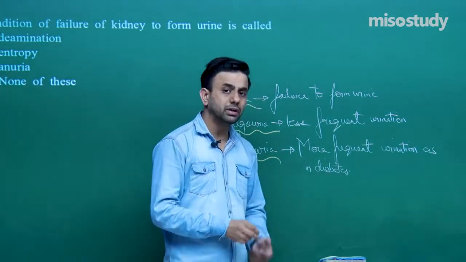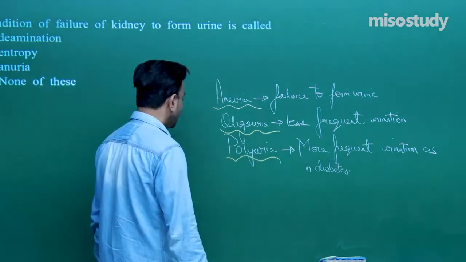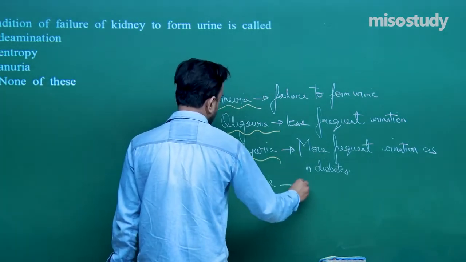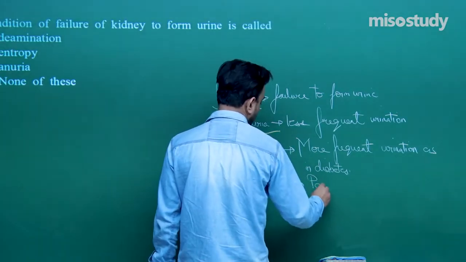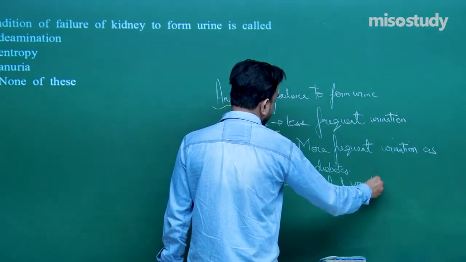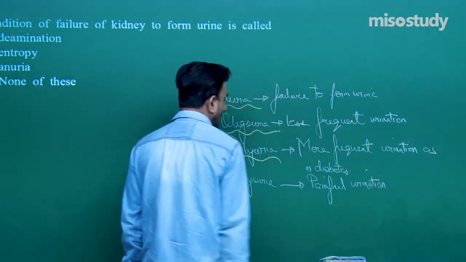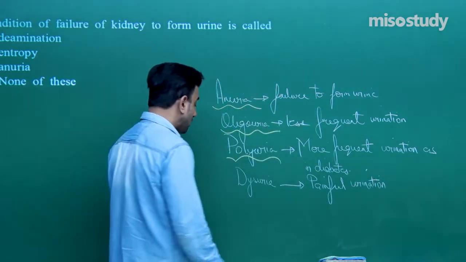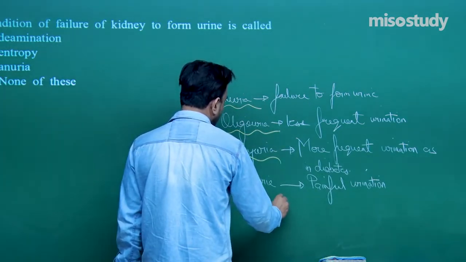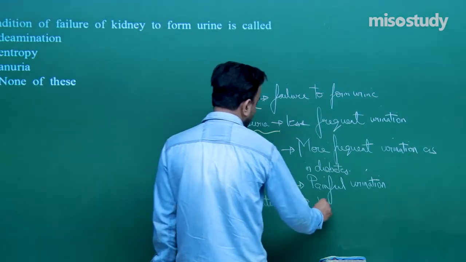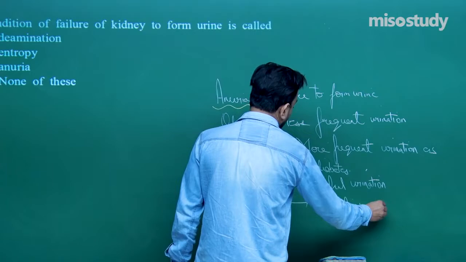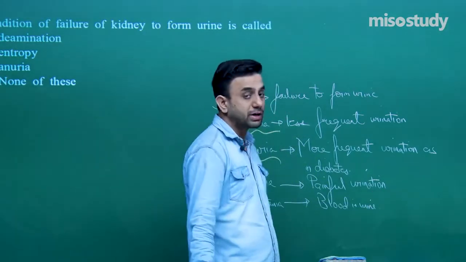Then we can talk of dysuria, when there is painful urination. And we can talk of hematuria, when there is blood in the urine. Similarly, ketonuria, when there are ketone bodies.